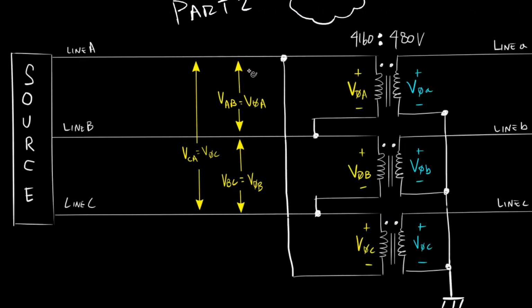When we measure the line-to-line voltage between line A and line B, that is essentially equal to phase A voltage. Similarly, between line B and line C, it's going to equal phase B voltage. And lastly, between line C and line A, that's going to equal phase C voltage. Again, this was covered in depth in part 2.